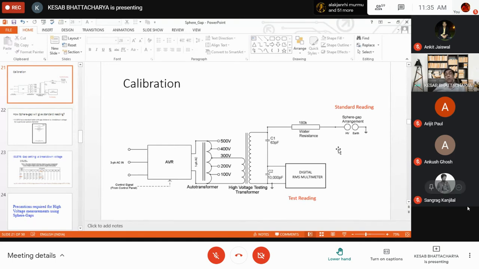In order to avoid the pitting of the spheres. What is pitting? Pitting of the spheres in the case of short circuit.